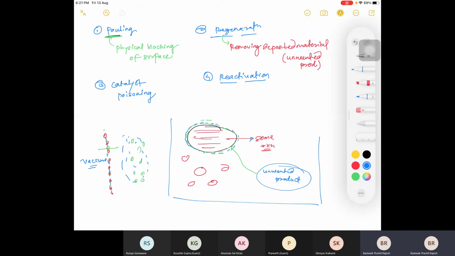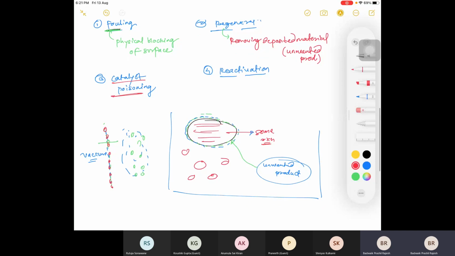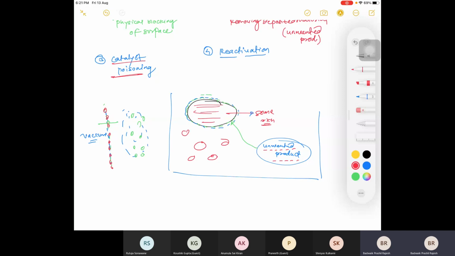Okay, now the third term is catalyst poisoning. What I mean by catalyst poisoning is, suppose this unwanted product which has been produced in the reaction mixture is reacting with the catalyst. If there is a reaction between the unwanted product and the catalyst, it will block that surface in such a way that there will be a chemical reaction, and this chemical reaction cannot be reversed, right?